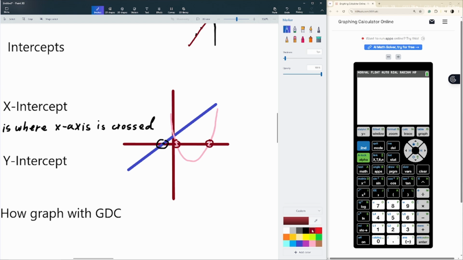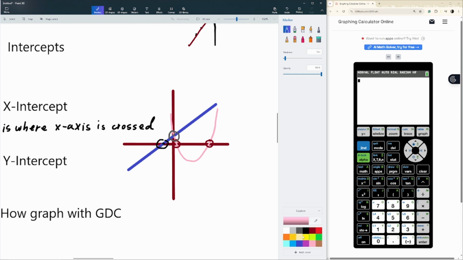So the y-intercept. It should make a lot of sense by now, but the y-intercept is the same thing, however, with the y-axis. So here, in the blue one, it should be very understandable that your y-intercept is right here.